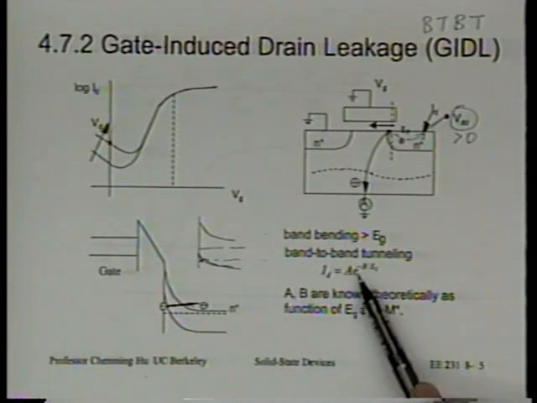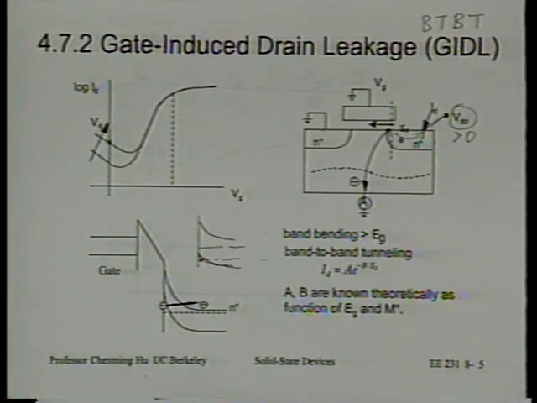So this is a little bit of a problem in determining B. In the past, B was determined experimentally by looking at band-to-band tunneling in heavily doped P+N+ diodes. But you know, think about the difficulty of determining the electric field for a given diode.